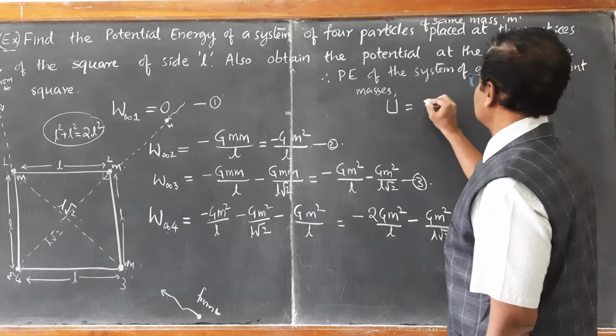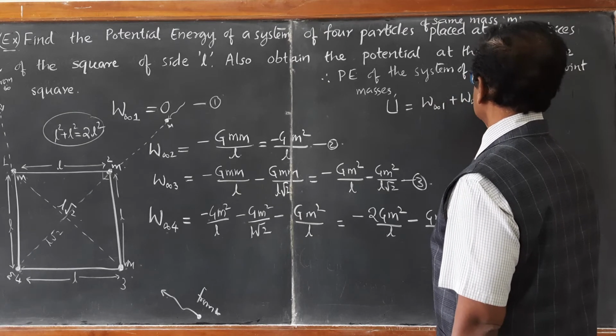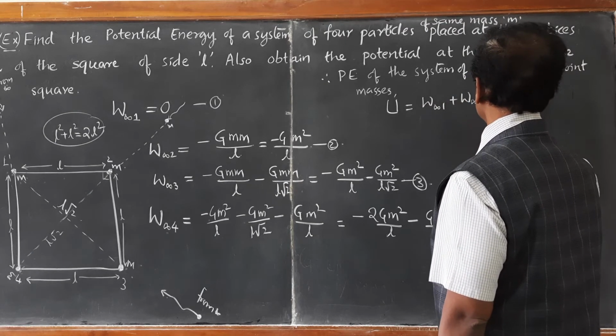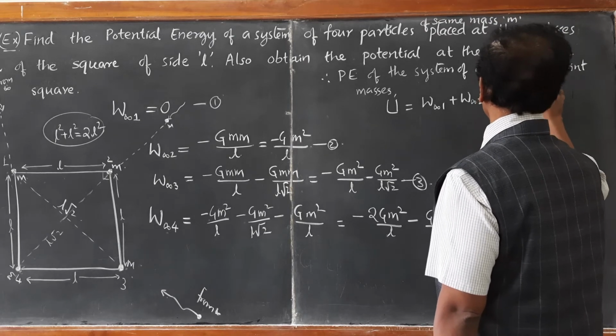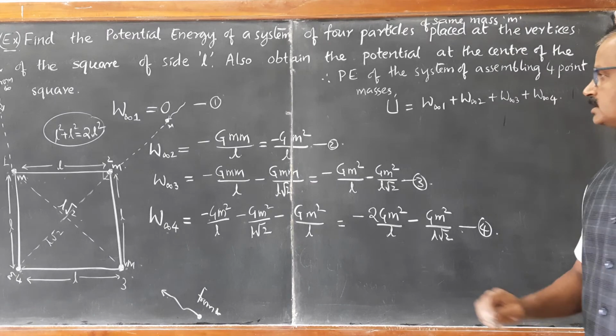So I write it as W infinity to 1 plus W infinity to 2 plus W infinity to 3 plus W infinity to 4. So this is how we get the total potential energy.